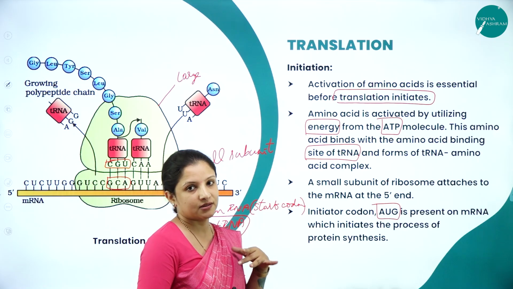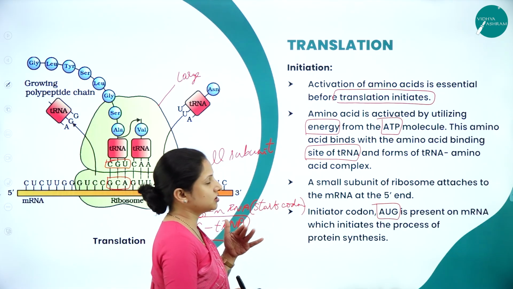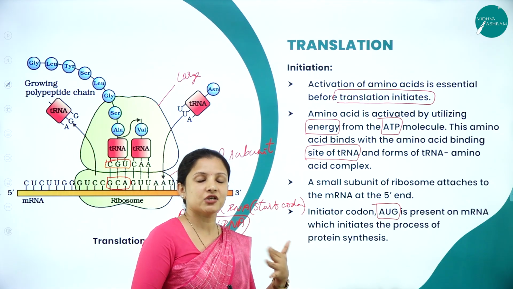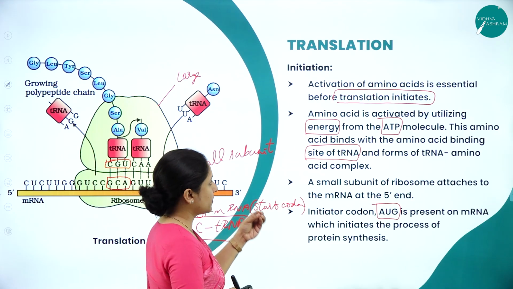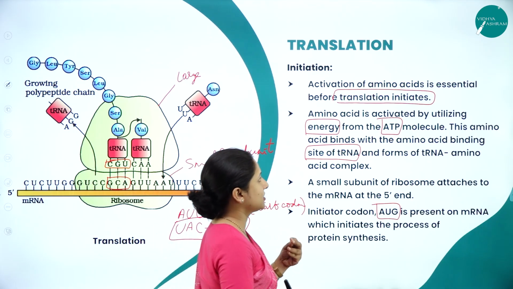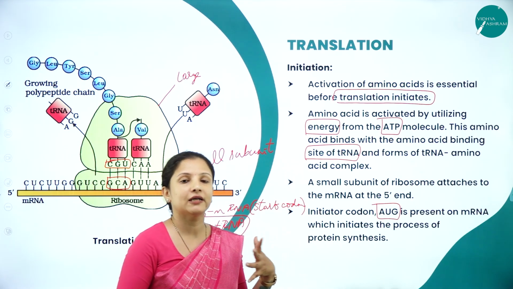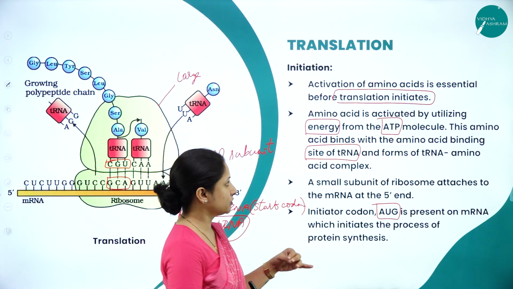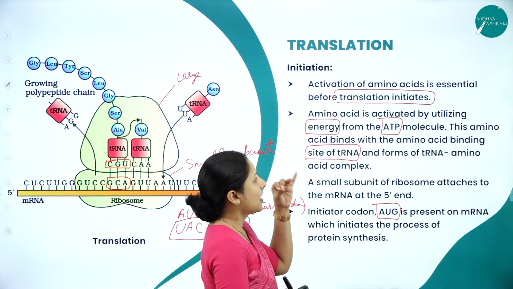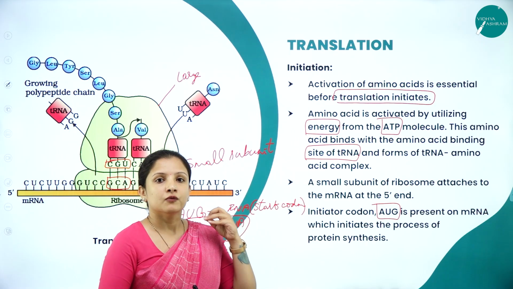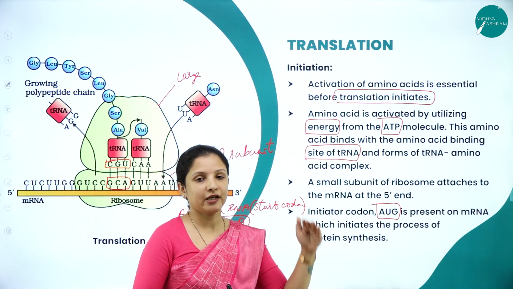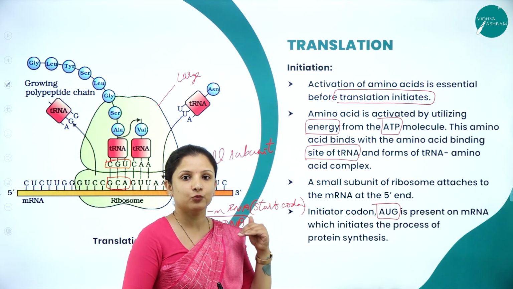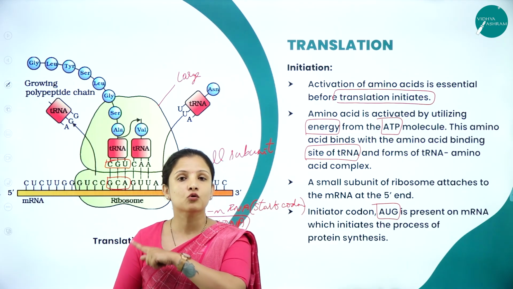All the amino acids that need to participate in the process of translation should be activated first. They should be ready, wherein the amino acid is activated by utilizing some of the energy from the ATP molecules that are produced. So ATP molecules will be utilized, and the tRNA will have an active binding site to which the respective amino acid will come and bind, depending on what codon is present.